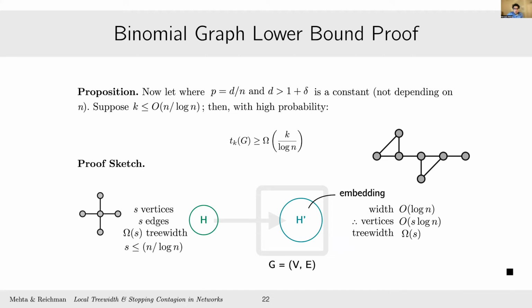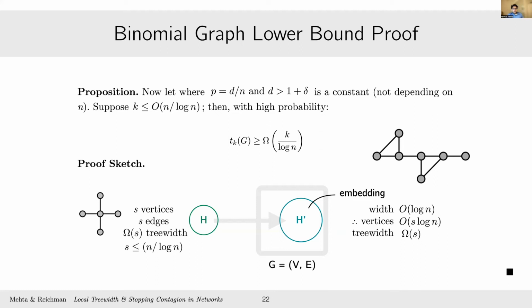This subgraph H prime of G has S log N vertices because it's an embedding of H with width log N, and it has tree width of big omega of S. This is because H is a minor of H prime, and therefore the tree width of H lower bounds the tree width of H prime.